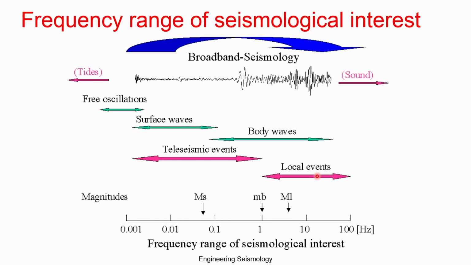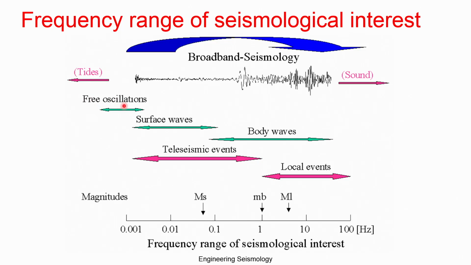In general, we look at the range of frequency of seismological interest, any vibration that looks like a vibrating signal. The earth tide means the vibrations caused due to the rotation of the earth. That kind of wave is called earth tide, which generally has a frequency range of 0.001 hertz and below, called free oscillations.